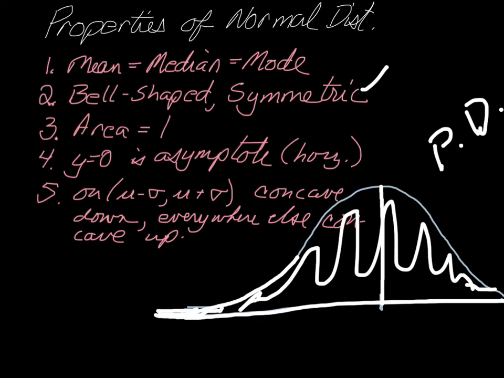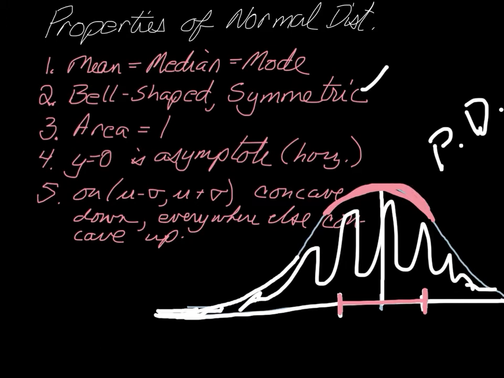And finally, the last thing is that on the interval from 1 standard deviation below to 1 standard deviation above, so it's this space right here, the graph is what we call concave down. It's curved down.